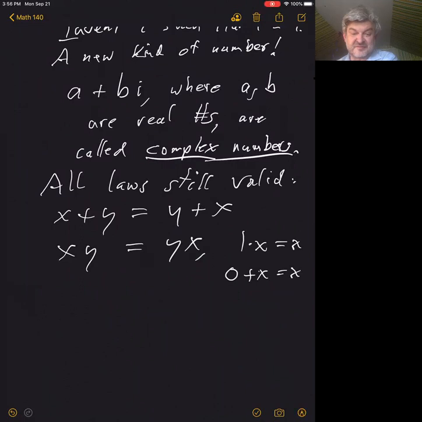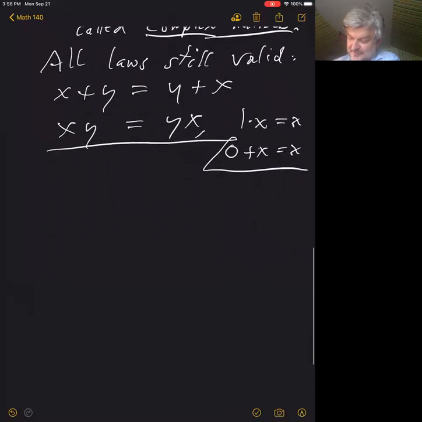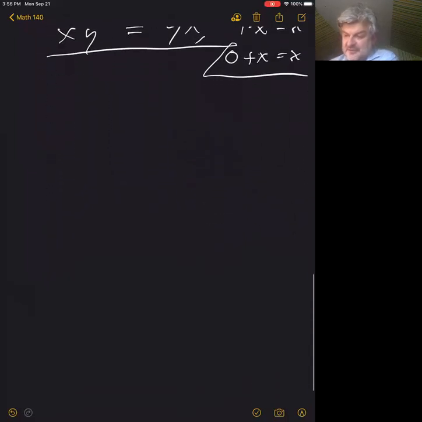So the number 0, the number 1, still does the same job that it does for the real numbers, for the complex numbers. So this takes a long time to check everything. We better practice working with complex numbers to show you that they're really not terrifying at all.